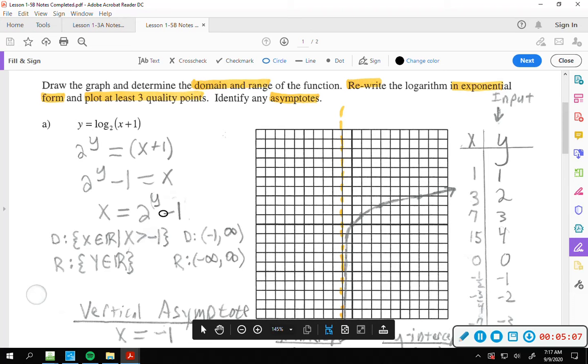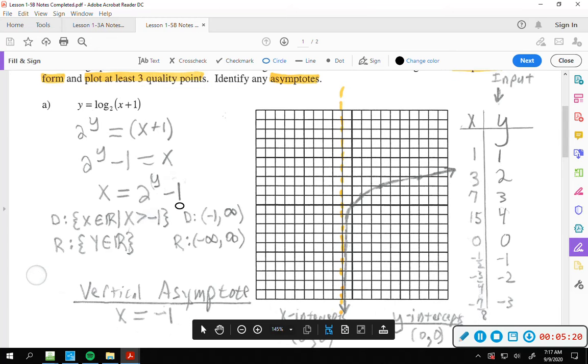Plug in negative 2. 2 to the negative second is 1 over 2 squared. 2 squared is 4, so it's 1/4 minus 1 is negative 3/4 for x. Plug in negative 3 for y. 2 to the negative third is 1 over 2 cubed, or 1/8.